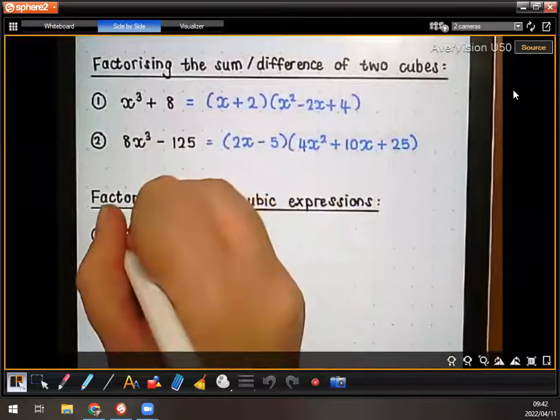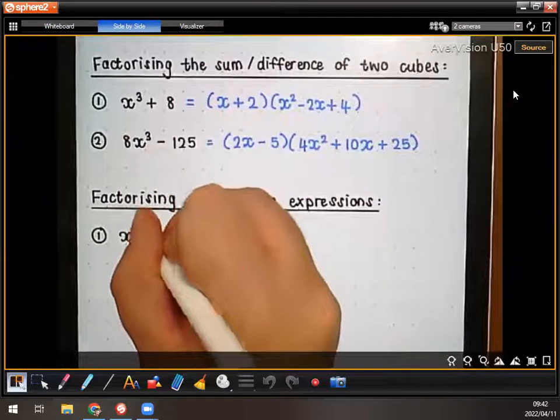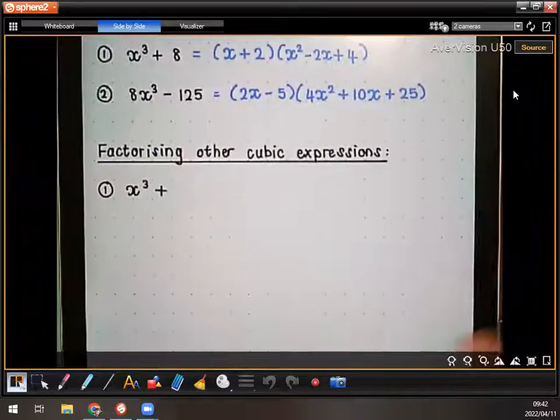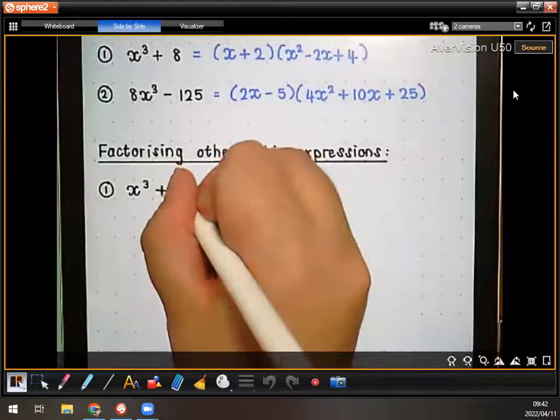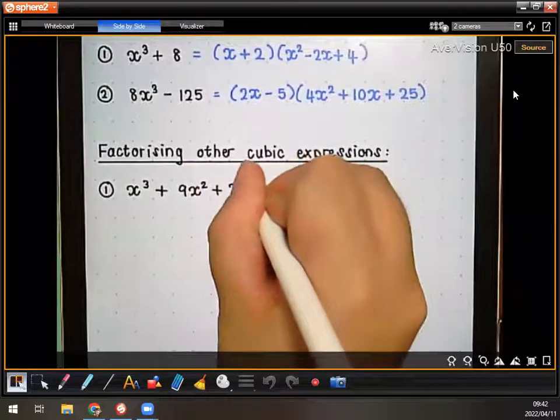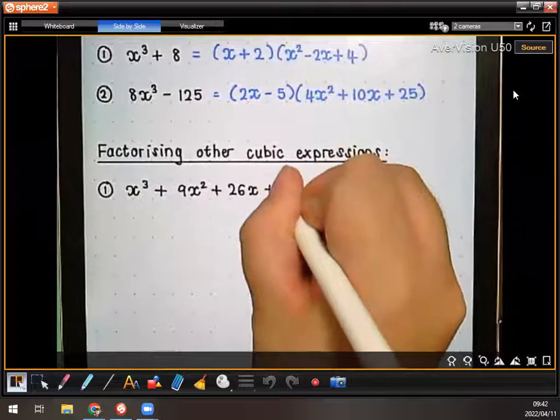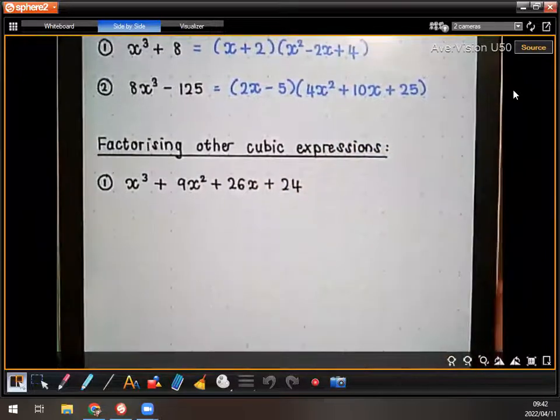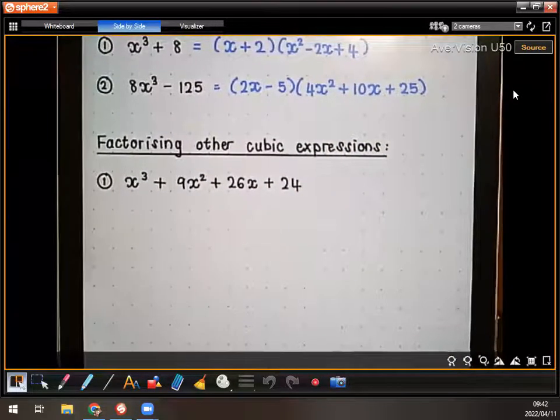x cubed plus 9x squared plus 26x plus 24.